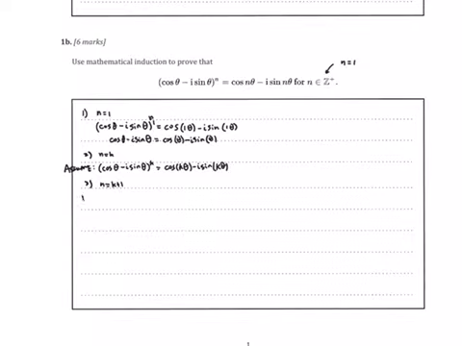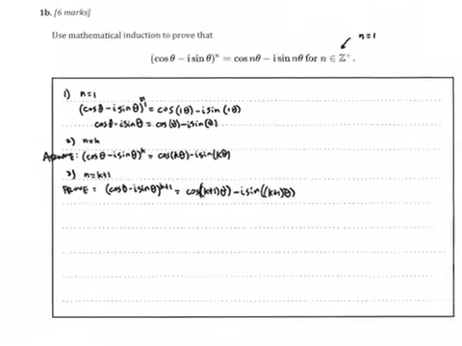And we're going to prove that cosine of theta minus i sine of theta to the k plus 1 is equal to cosine of the k plus 1 theta, minus i sine of k plus 1 theta. We got to prove that's true.